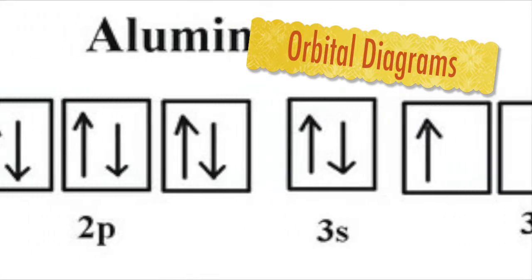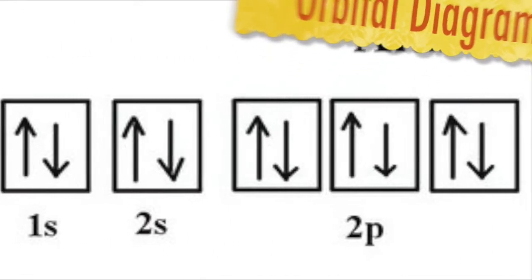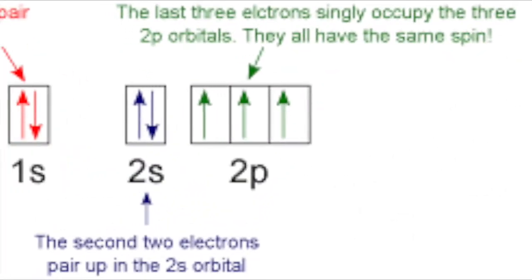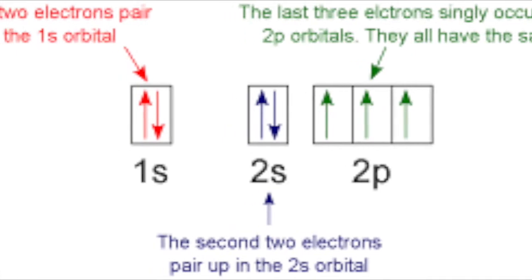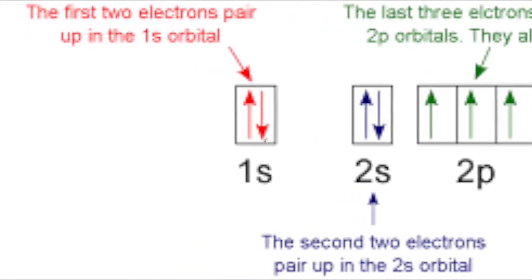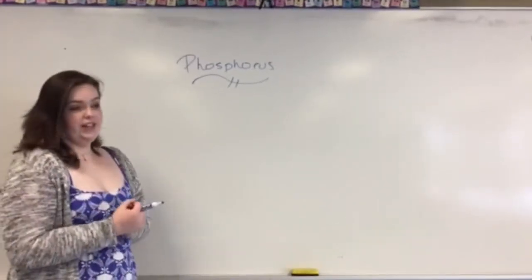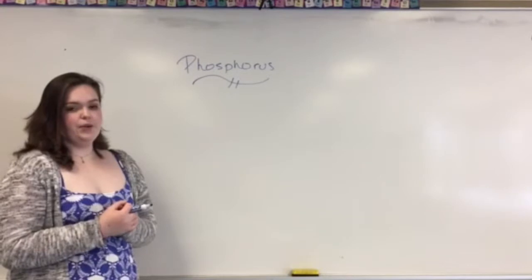Another way we can show an electron's location is through an orbital diagram. Remember, the Pauli exclusion principle says that electrons in the same orbital must have opposite spins. Orbital diagrams use circles or boxes to show orbitals. Use up or down arrows to indicate electrons of different spins. We're going to show you an example of an orbital diagram using phosphorus, which is in the 3p sublevel on the periodic table.